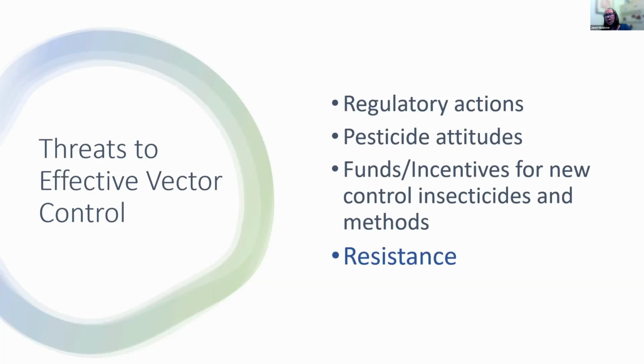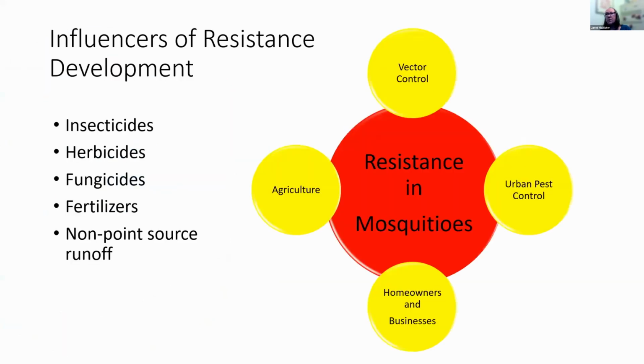So as a result, the insecticides that we use in mosquito control usually are developed for use in agriculture before we see them being able to be used or registered for use in vector control. And then there's resistance, which can further erode our ability to provide effective vector control, just because the products that we're trying to use may not necessarily be working for us anymore. There are a lot of other threats to vector control, but these are just some of the big ones.